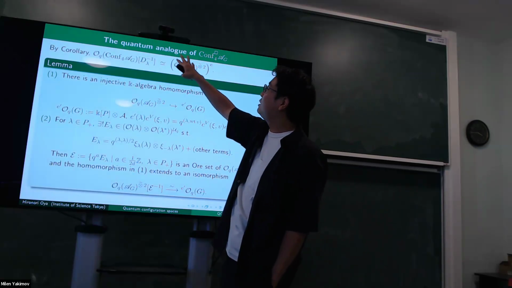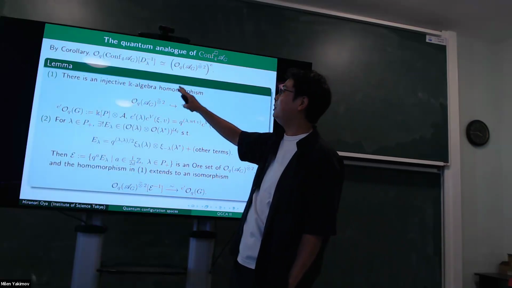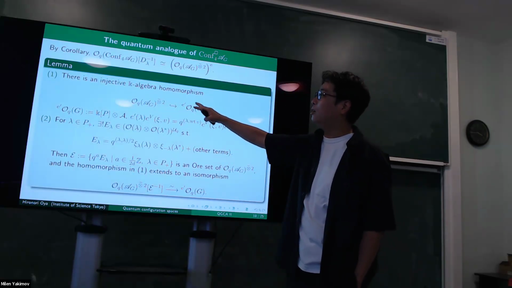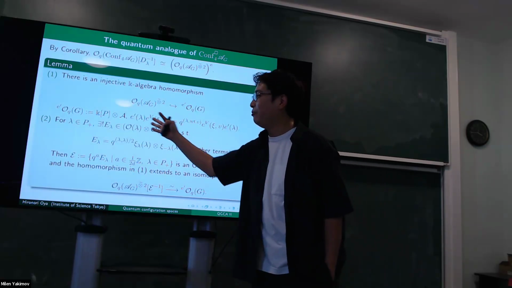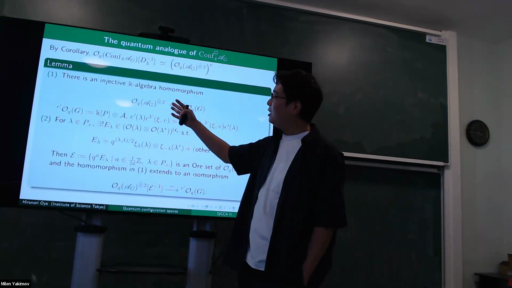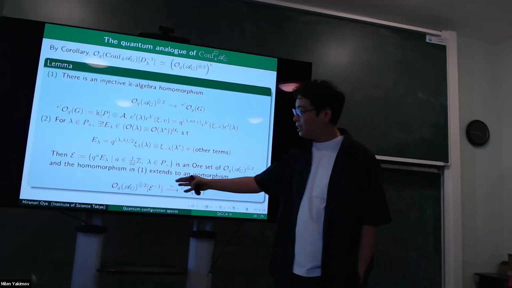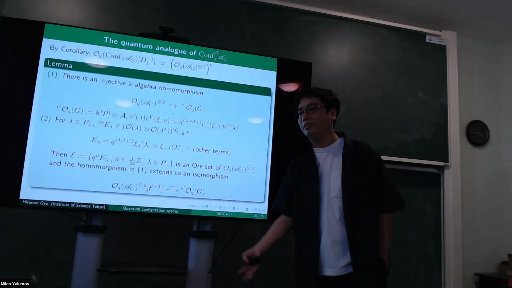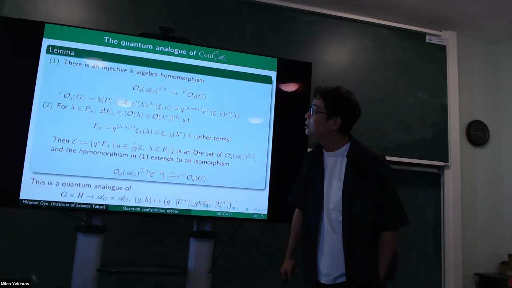The tensor square of OQAG is actually embedded into OQG, extended again by quantum, a bit differently. And if you localize this algebra by some explicit element, then it is isomorphic to OQG extended by quantum. So this is a lemma.